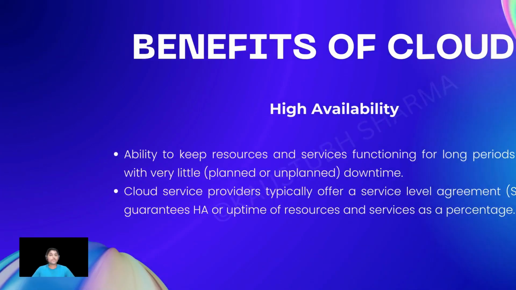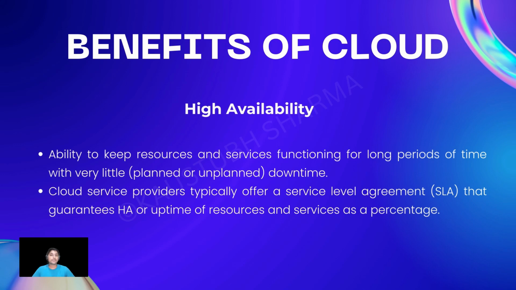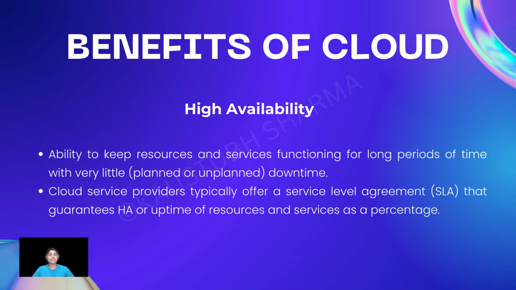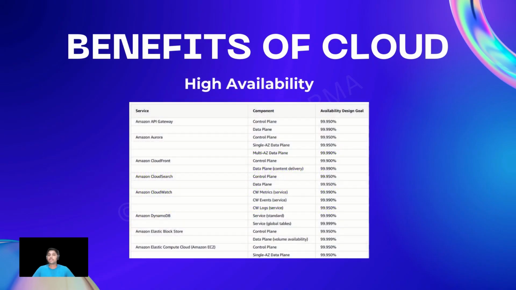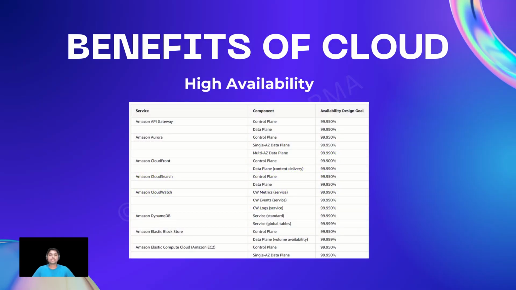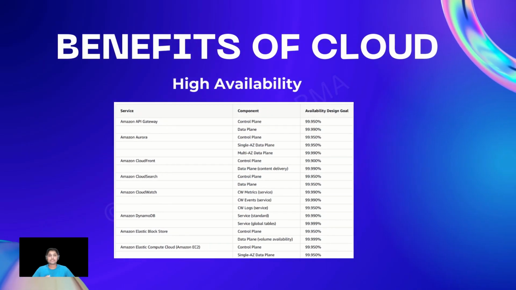Also, cloud promises that the resources offered by them will be highly available all the time. They generally offer an SLA, basically a legal agreement that guarantees high availability of their resources. AWS generally offers 99.9% availability on most of their resources. You can check yourself by going to the AWS website. I will provide a link in the description.